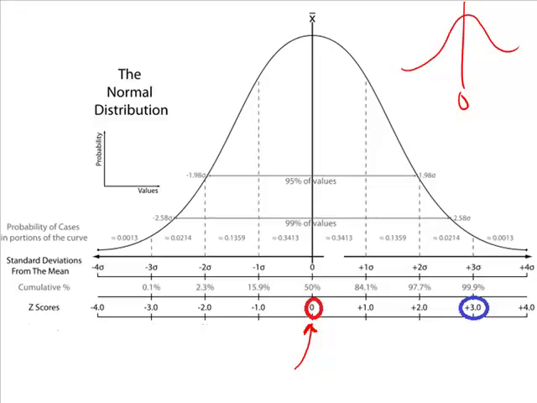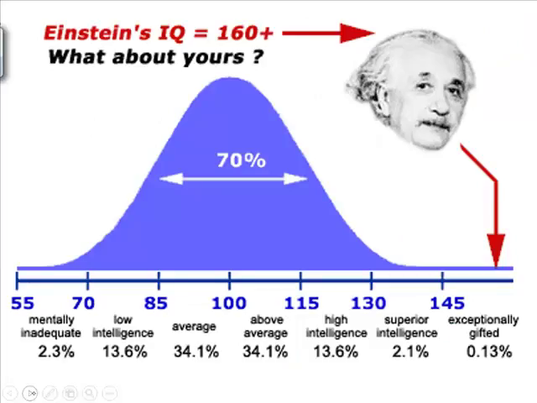So if I tell you that I have a z-score, excuse me, one more time. If I tell you that I have a score of X, like Einstein's IQ, where would that fall in the range of all IQ values?